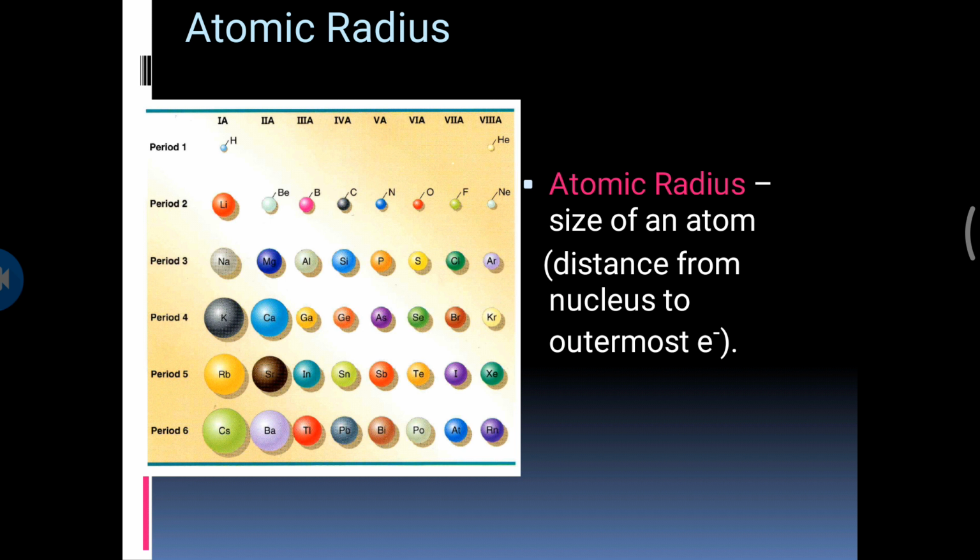In the second period, lithium, beryllium, boron, carbon, nitrogen, oxygen, fluorine, neon. So in a period, from left to right, the atomic radius decreases, and from top to bottom it increases. So this is the atomic radius.